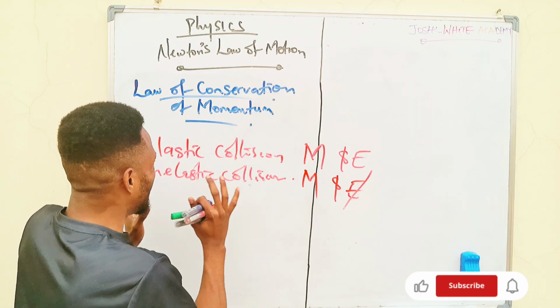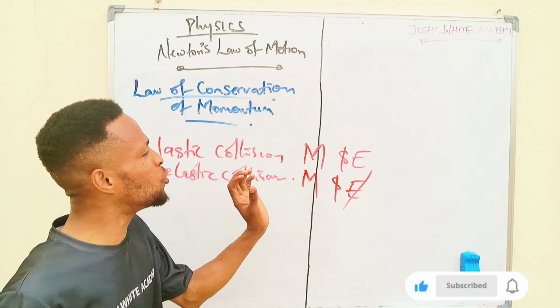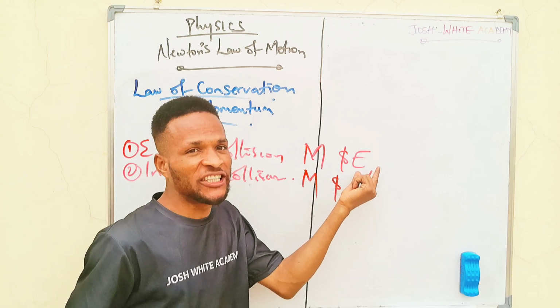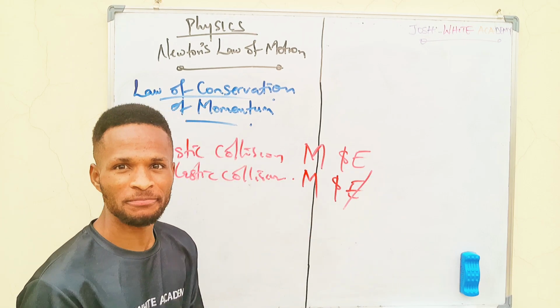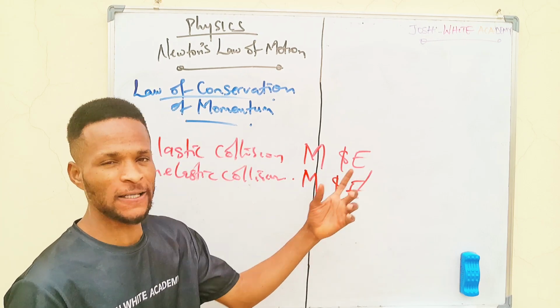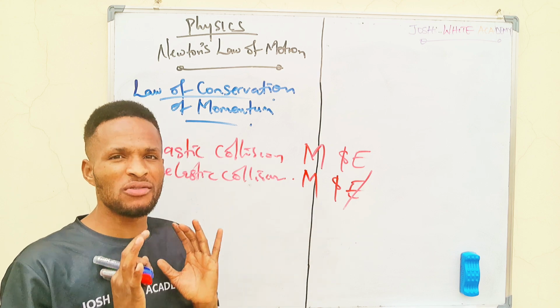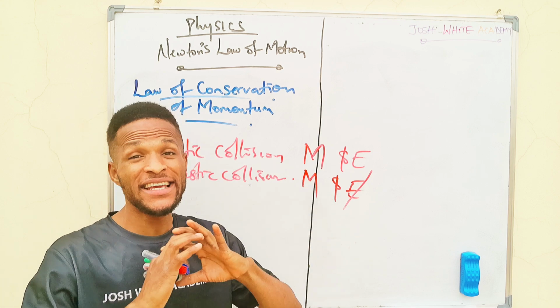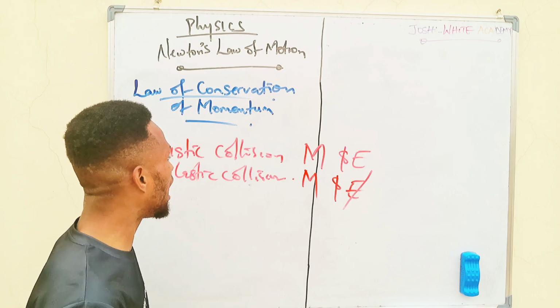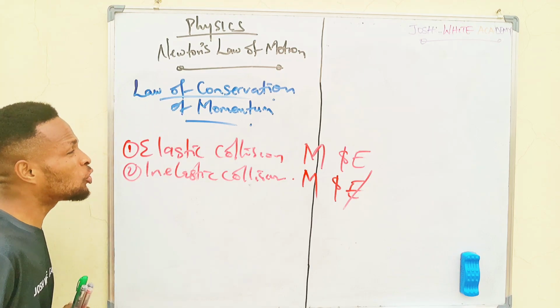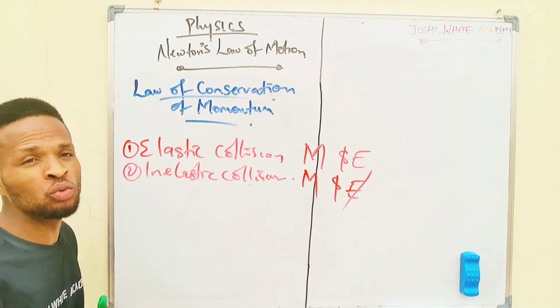So, in elastic collision, momentum and energy are conserved, mostly the kinetic energy. Whereas in inelastic collision, momentum is conserved, but energy isn't. Now, back to the law.